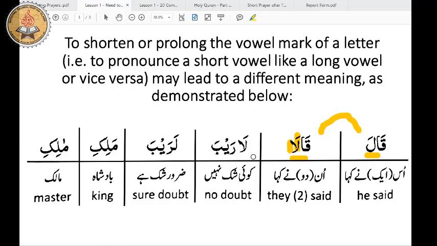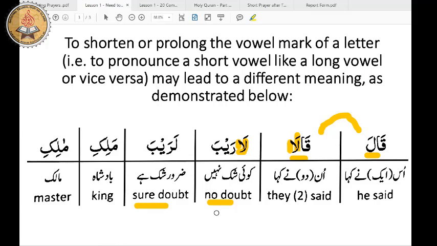Now with this one again, this is a prolonged lam. It's got an alif that comes with it. And if you prolong that for 2 seconds, la rayba, it means no doubt. But if you don't prolong this lam and you just say it for 1 second and you say la rayba, then it means sure doubt.